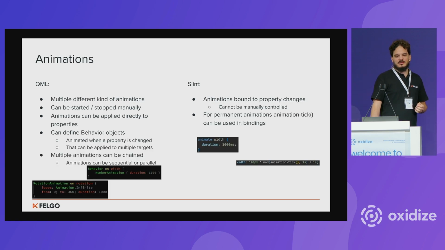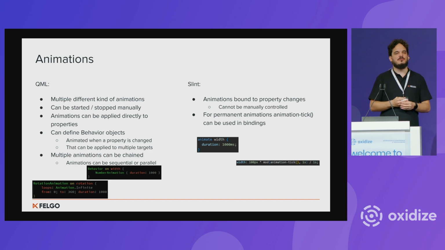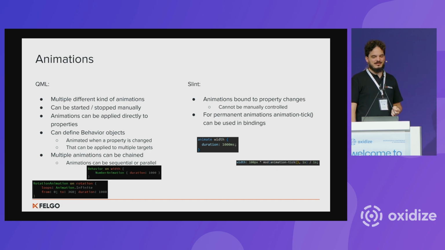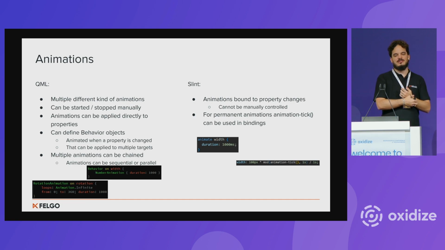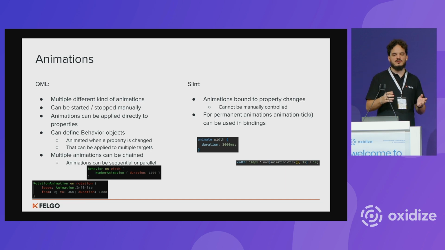So animations are present in both of them. QML has a little more support for different kinds of animations. That's normal because it's been around for such a long time. And the major difference is that in QML you can manually start and stop an animation, or you can apply it directly to the components, and you can have these Behavior objects so that an animation will be run when the property changes.